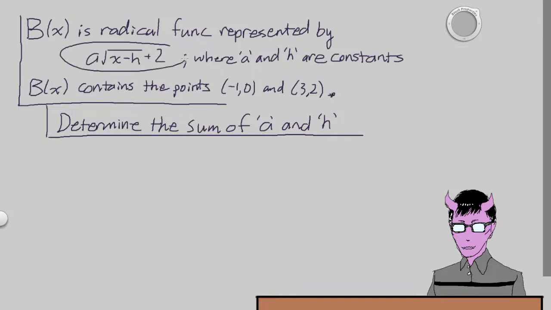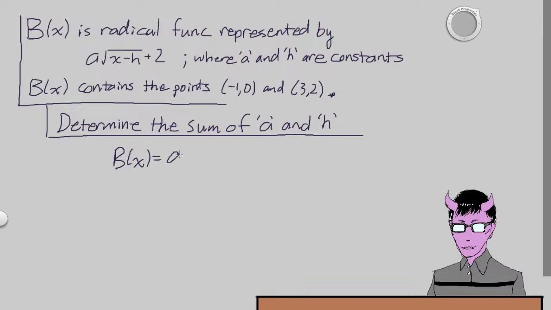So our first job is just probably figure out what the whole function is going to be, and then we're going to do the artificial thing of just summing those two values for some reason. Anytime you're given points for a function, it usually means you just plug them into your equation straight up. So this one is going to be plugged into this, but this is not written in equation form. So let us write b of x.